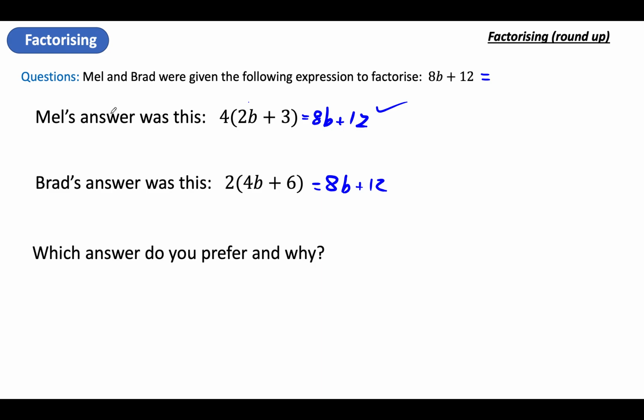So Mel is the correct one. But why? Well, it's because this is fully factorised. This one is not fully factorised. They've divided the numbers by 2, but the highest common factor of both of these is 4. So 4 needs to go on the outside of the expression. There's still a 2 that could divide both of these and come outside.